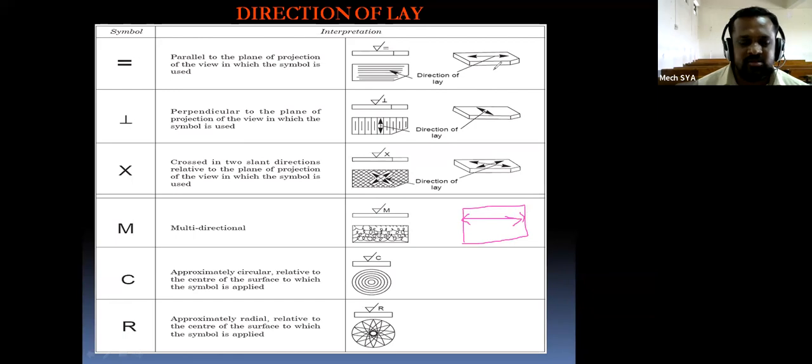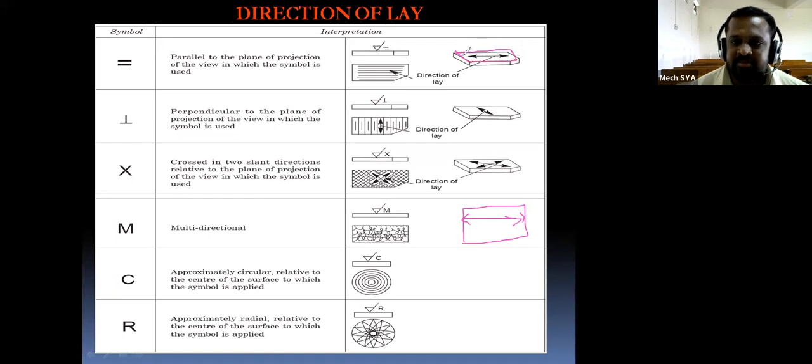Okay, understood? Now see, these are the symbols for the direction of lay. Okay, simple. For example, suppose this is your surface. So this is the component and this is the surface of that particular component.